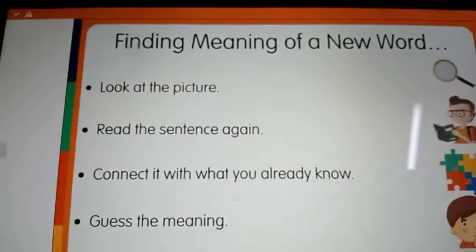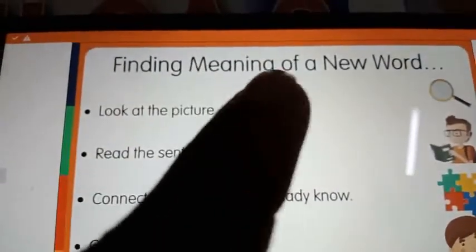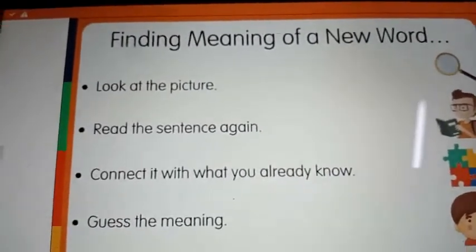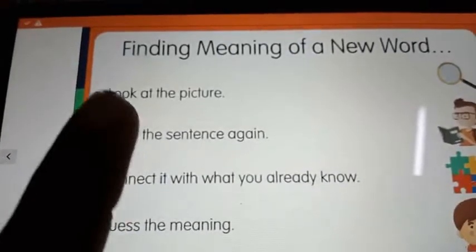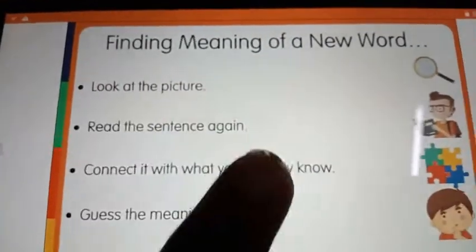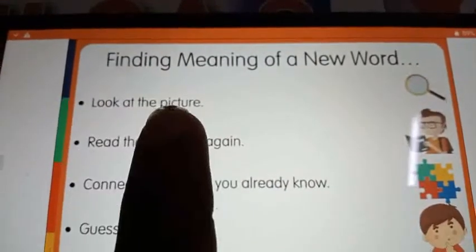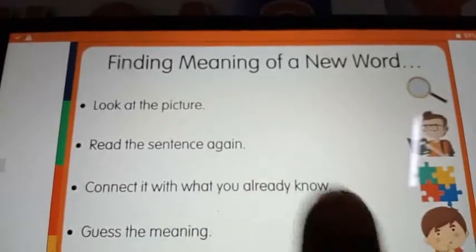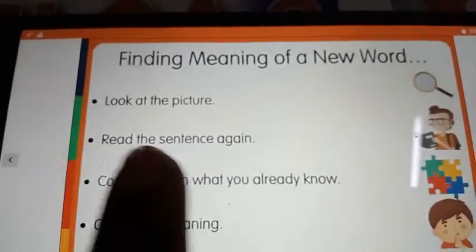Once again, my dear children, while you are reading that story, you have to find the meaning of a new word. This is very important, okay? While you are reading the story from your SR book, look at the picture first of all. Then read the sentence again.